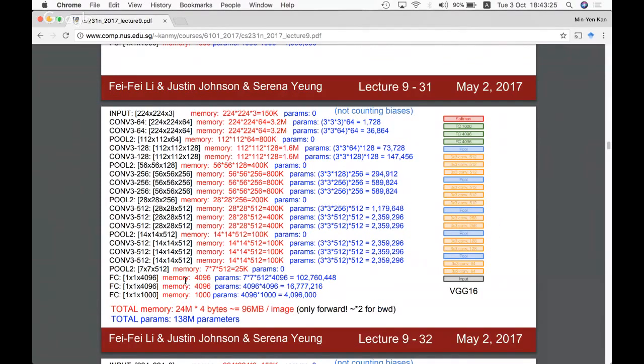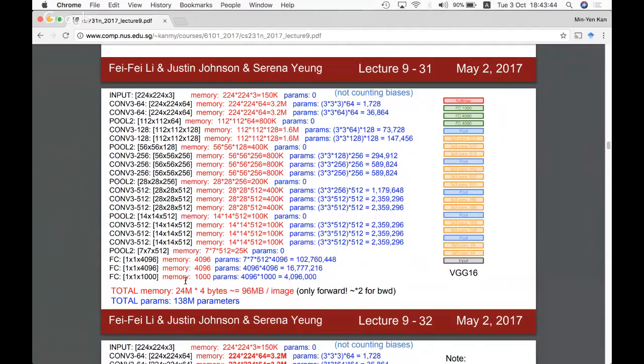So that's about 96 MB per image, only for the forward pass. When you're doing the backprop, that's about 200 MB per image, so that's quite computationally complex. And for the total parameters, it's computing 138 million parameters for the whole network.